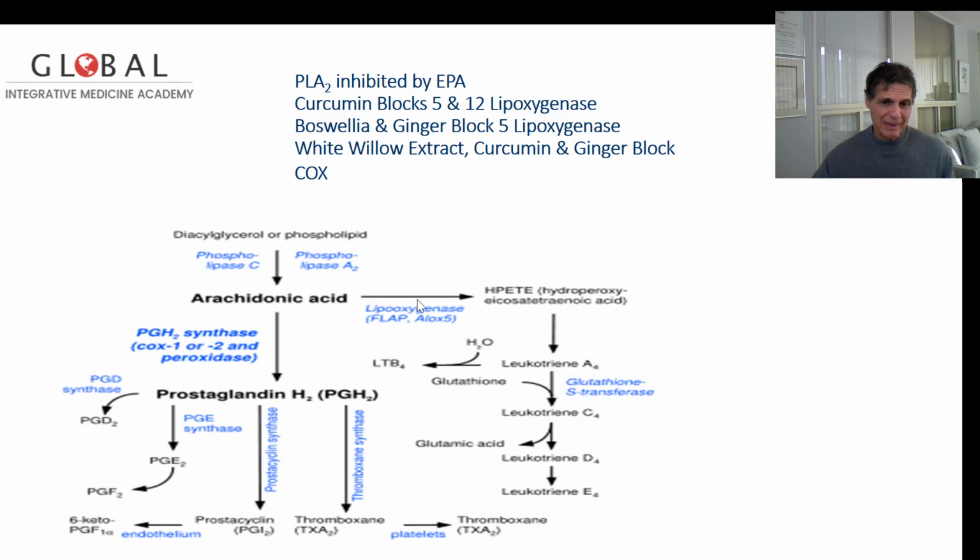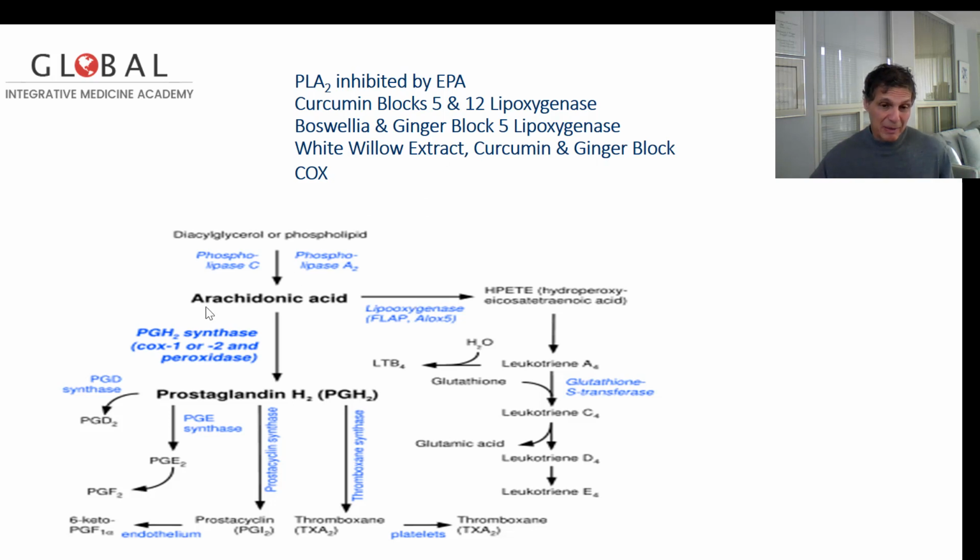So this is why I think that things like boswellia and ginger and curcumin are so important in those conditions as part of the long-term management to help decrease the patient's reliance on prednisone and other agents and biologics as well, like Humira and Remicade and these types of things.